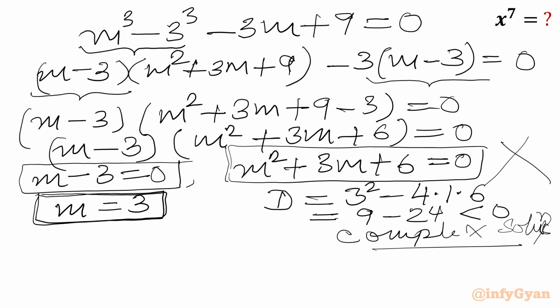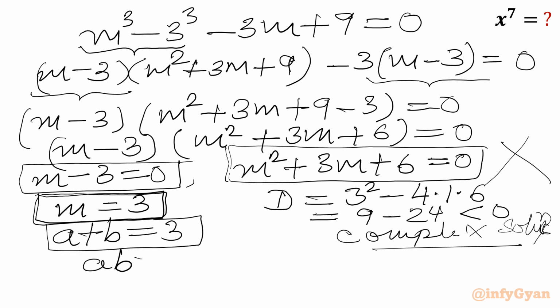From here I can write m equal to 3. Now m was our substitution. This was a plus b equal to 3. And our second equation was ab equal to 1. So for this system, I will consider one quadratic equation whose roots are a and b. Then this is the sum of roots, this is the product of roots.